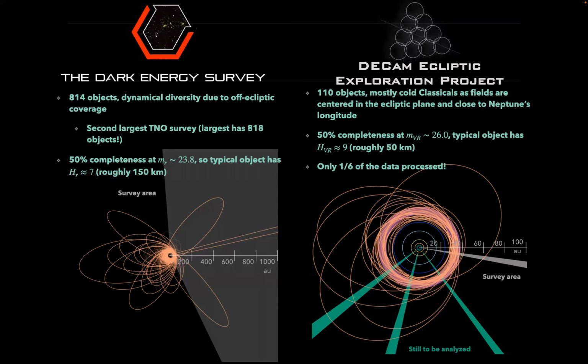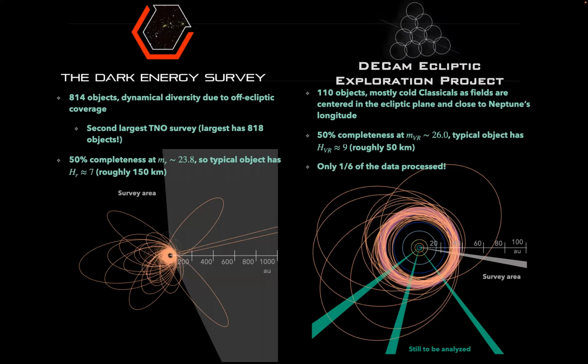With deep, in this 30 or so square degrees, we have 110 objects. They are mostly cold classicals because that's exactly what we're looking for. And these objects have a mean diameter of about 50 kilometers, so it's a factor of 3 smaller. And we've only processed a sixth of the data, so you can expect a lot more deep discoveries in the next few months.